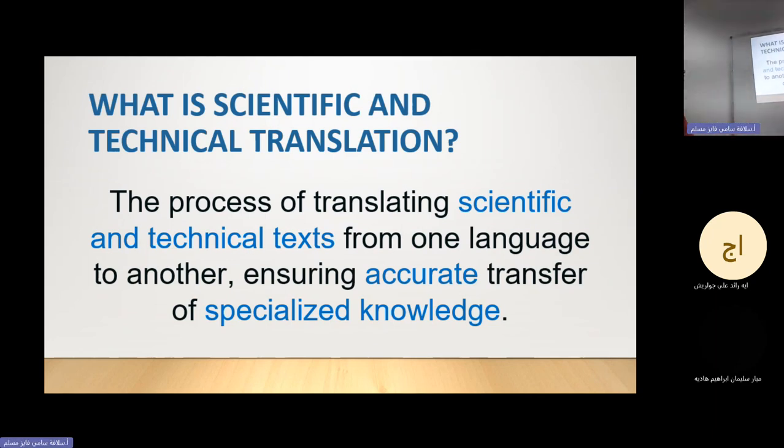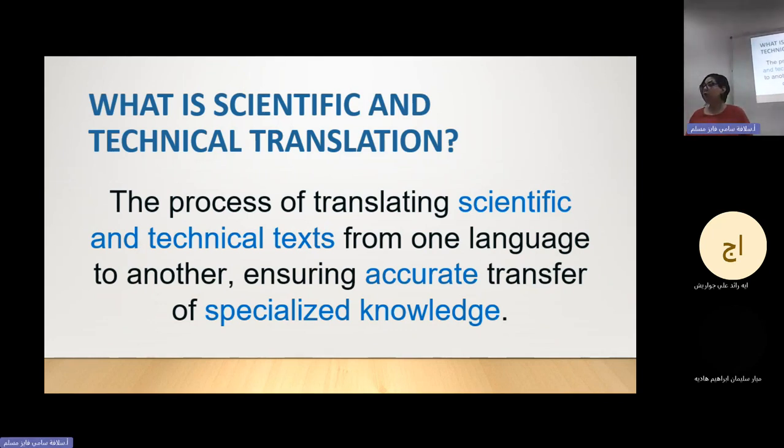So, the process of translating scientific and technical text from one language into another. ليش؟ لأنه we're talking about translation, right? وشو الهدف من الترانسليشن؟ يلي هي ناخذ التكست من هاي اللغة ومنوديه للغة الثانية.